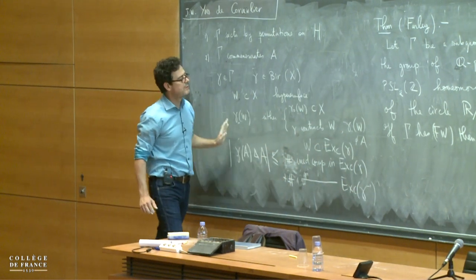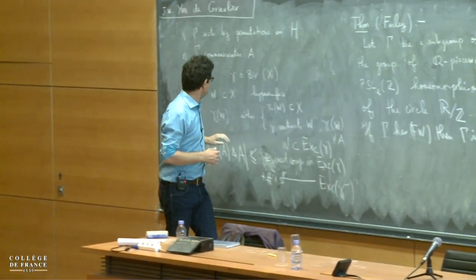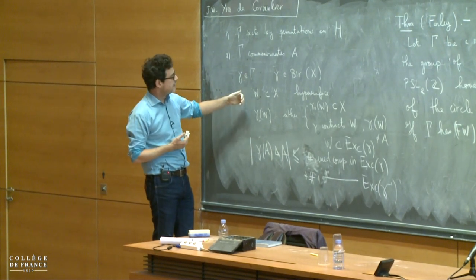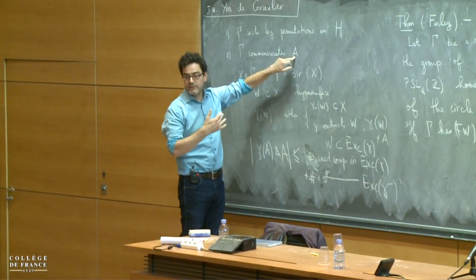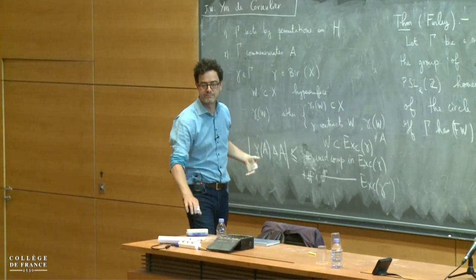So that's simple. So if the group gamma has property FW, then you can construct a set of hypersurfaces which is just A up to a finite difference and which is fixed by the group gamma.